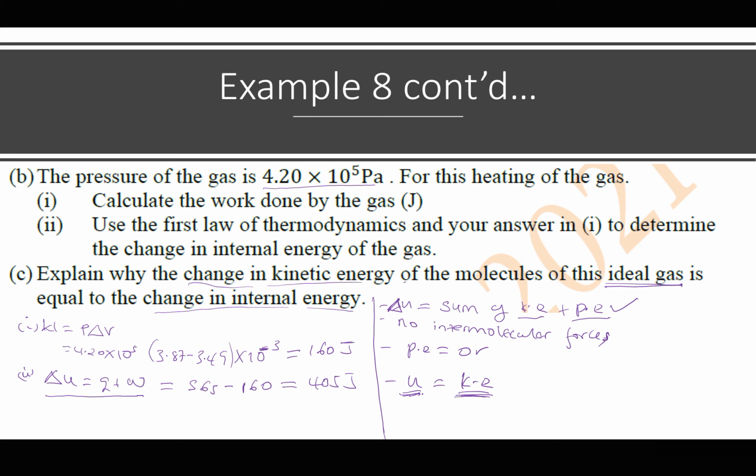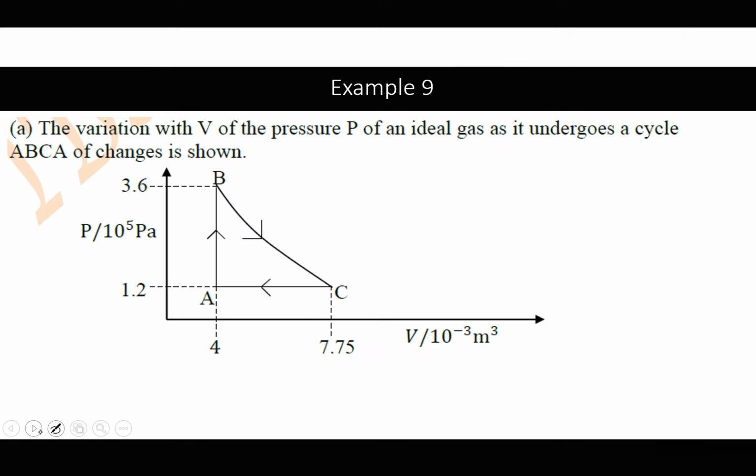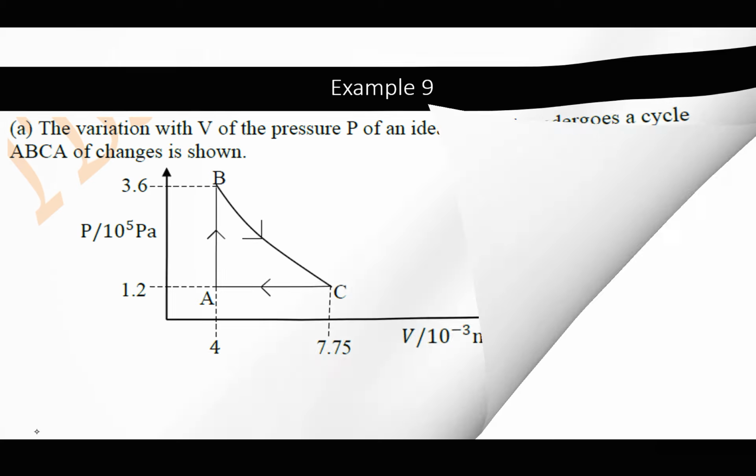Okay, next, example number 9. The variation with volume V of the pressure P of an ideal gas as it undergoes a cycle ABCA of changes is shown below.